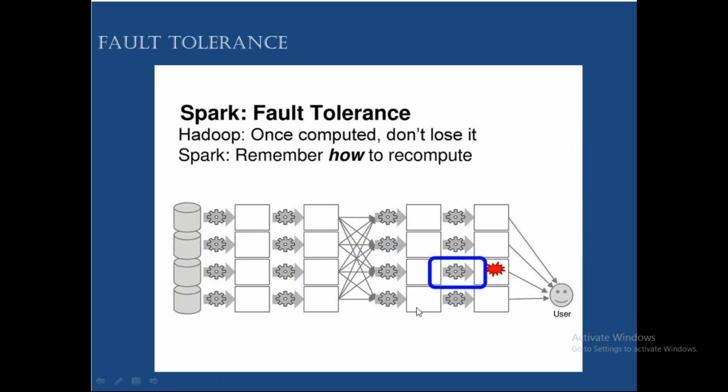Next, fault tolerance. Fault tolerance means you read the data and process it. We have data here, and again you process data here, and again your processed data is here. Now this computer is down, due to some reason. What will happen? You will lose this particular part of the data.